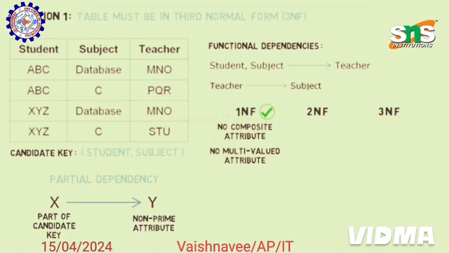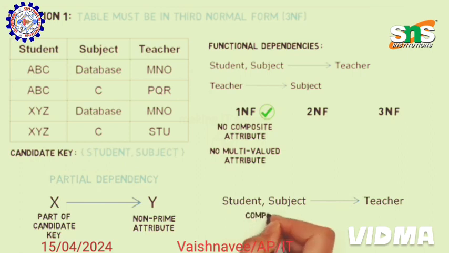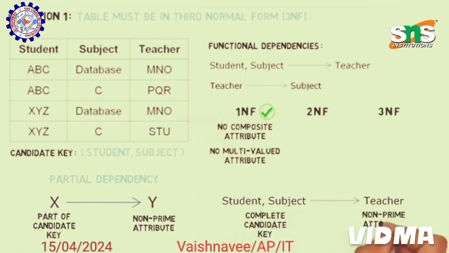For second normal form, we need to check for partial dependency. In simple terms, there should not be any functional dependency X determines Y, where Y is a non-prime attribute and X is a part of a candidate key. If there is no functional dependency of this form, then the table is in second normal form.